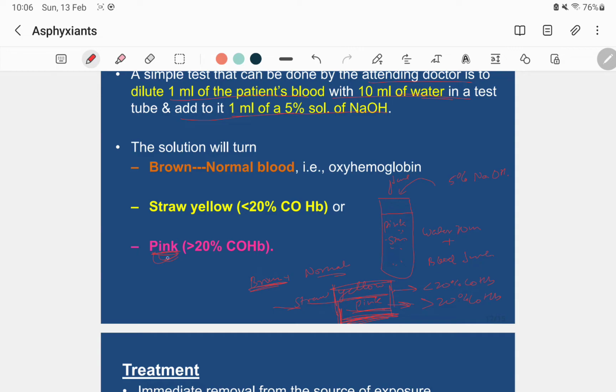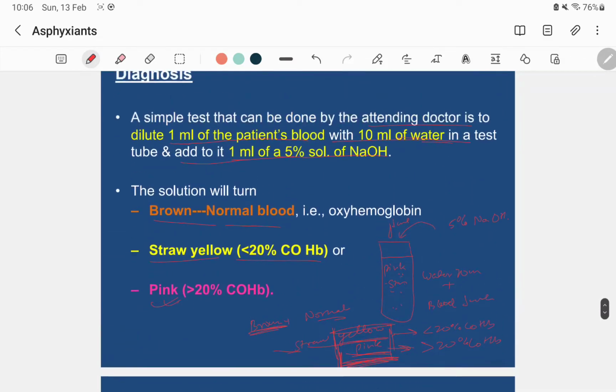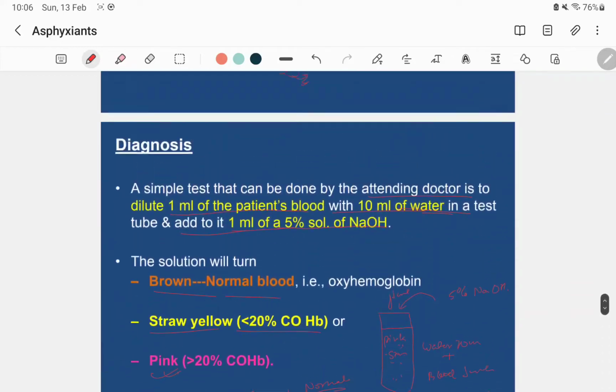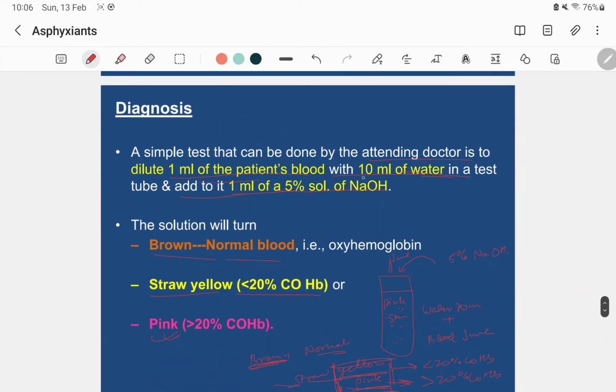So pink is the dangerous color. It may look pretty at first, but it is very dangerous. Brown means normal, straw yellow means less than 20 percent, and pink means more than 20 percent. So this is the simple diagnosis: 1 ml patient blood, 10 ml water, and 5 percent NaOH solution. Done.